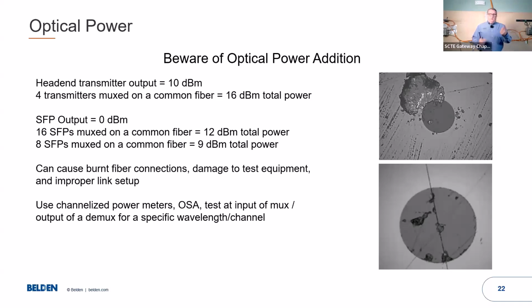So if you have 2 SFPs putting out 0 dB and you put them together onto one fiber, a light meter only reads the total power. You end up with a 3 dB reading on your power meter. If you have 4, you went from 2 to 4, there's another doubling. Even though each SFP is putting out 0, you're going to get 6 dB of power on your light meter.